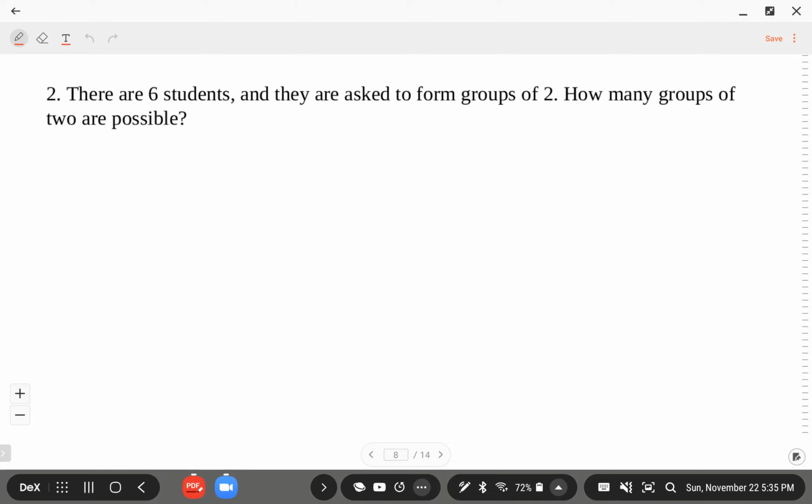There are 6 students and they're asked to form groups of 2, right? What is our combination formula again? n factorial over k factorial times n minus k factorial. Just substitute it in. n factorial, how many objects are in our set?